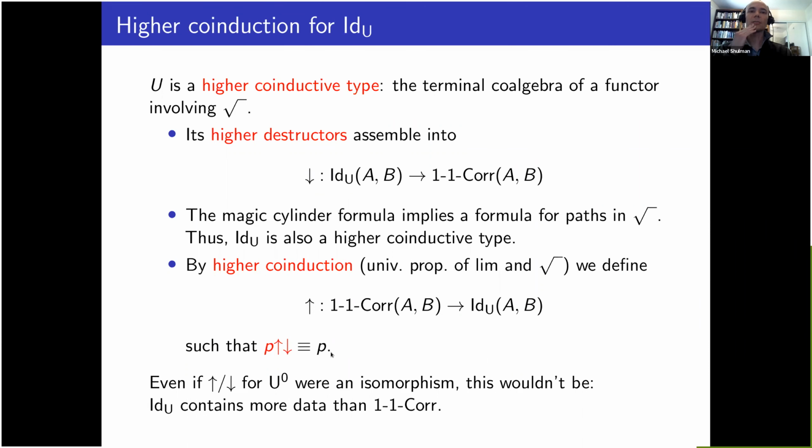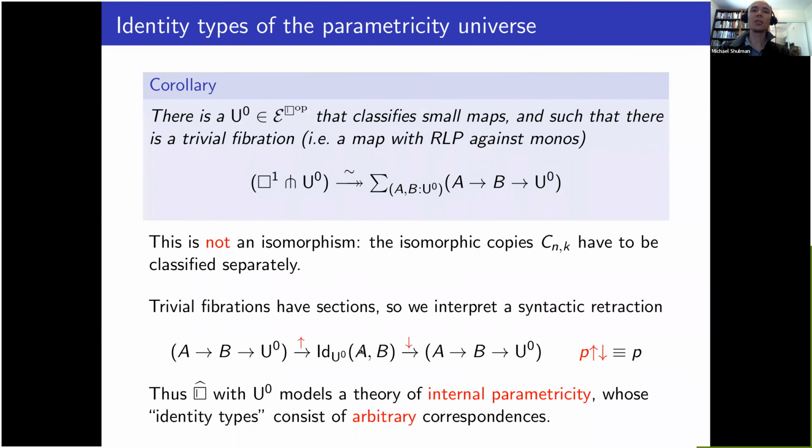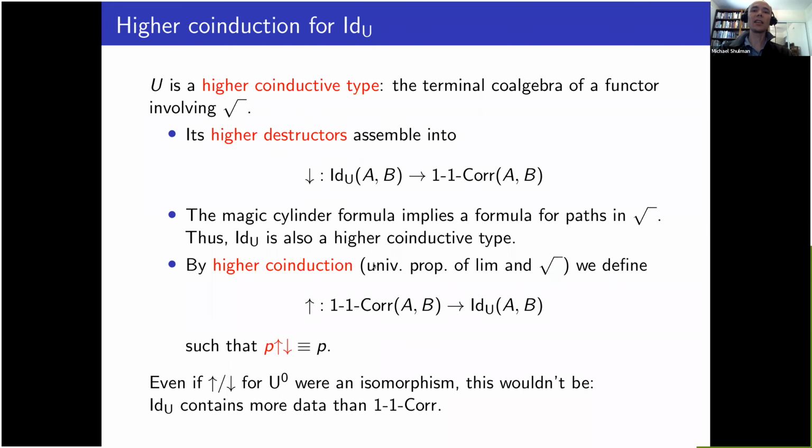We have this beta rule, but we don't get the eta rule because this IDU thing has extra stuff in it that we get from this sequential limit construction. We already saw that for U0, way back here, we already had a retraction that was not an isomorphism because we had to classify these extra CNs. But even if we ignored that problem at this level of fibrancy, we already have another problem that prevents us from having an eta rule for ID of the universe.